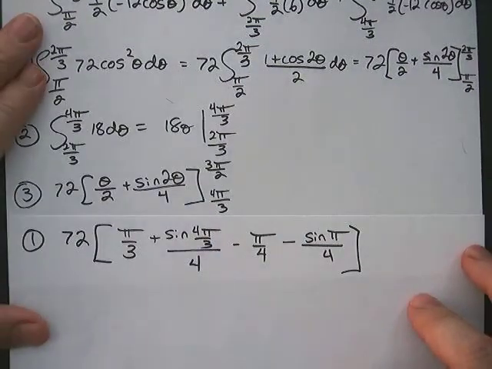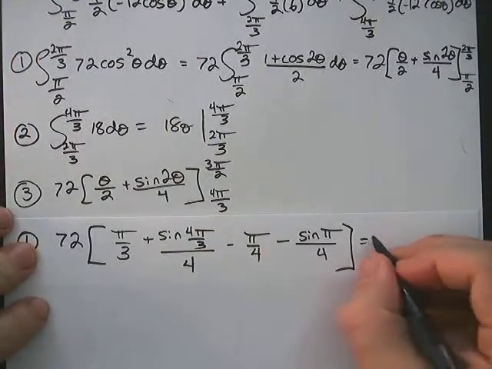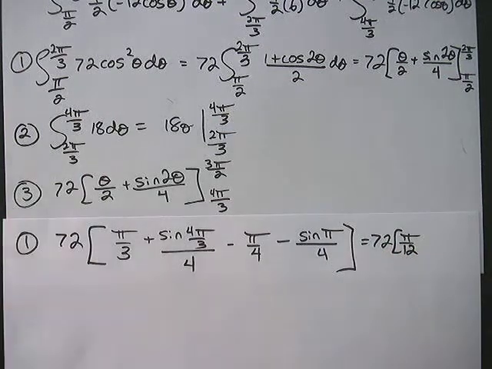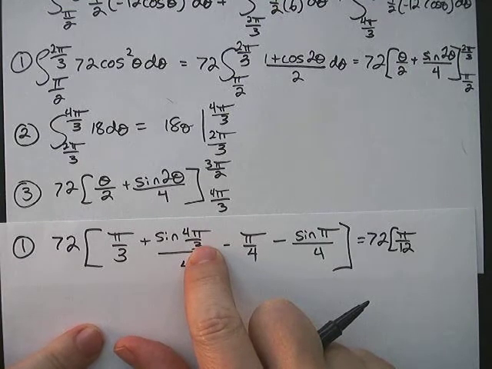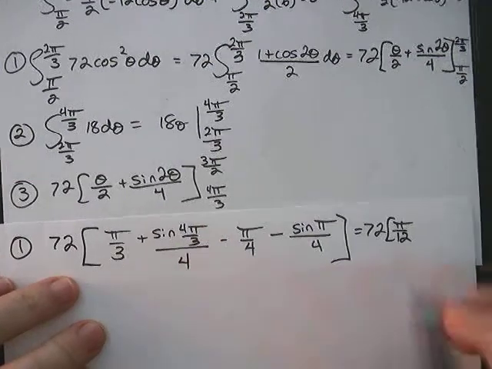Okay, so let's see, pi over 3 minus pi over 4 gives us pi over 12. Okay, and then the sine of 4 pi over 3, that's going to be negative root 3 over 2, which means it's going to be negative root 3 over 8 because we've got this.